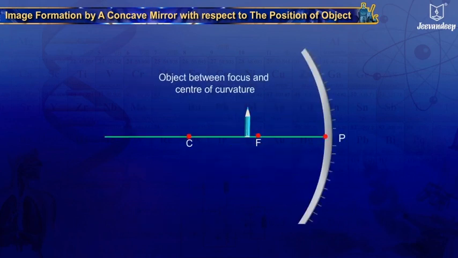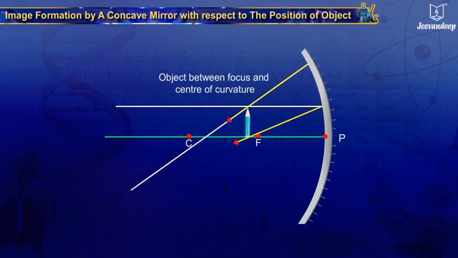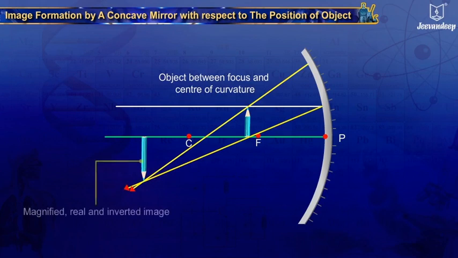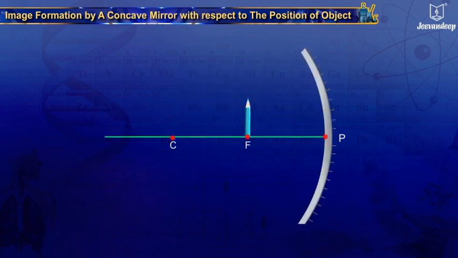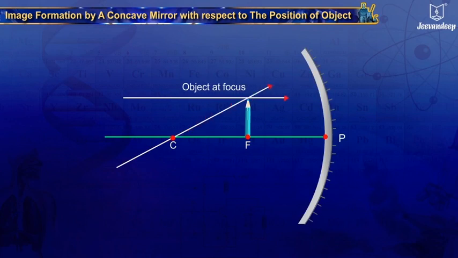When the object is between focus F and the center of curvature C, the image is formed beyond the center of curvature C. The image is magnified, real and inverted. When the object is at the principal focus F, the image is formed at infinity.